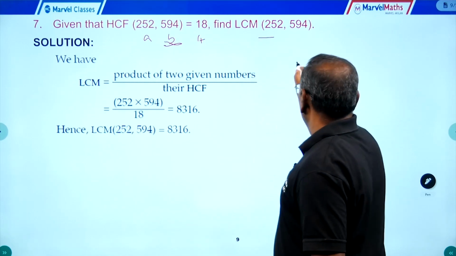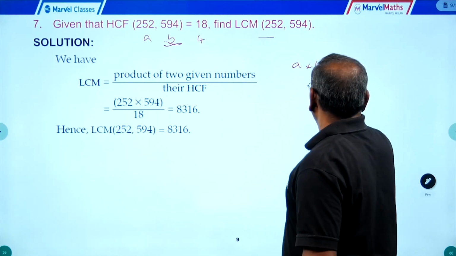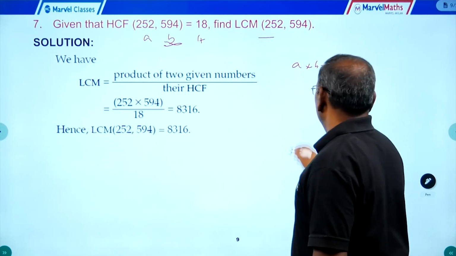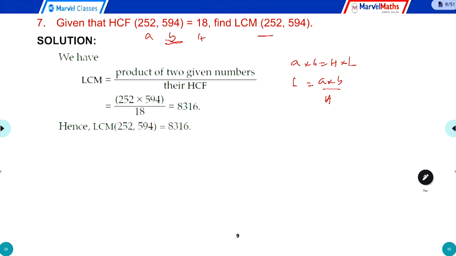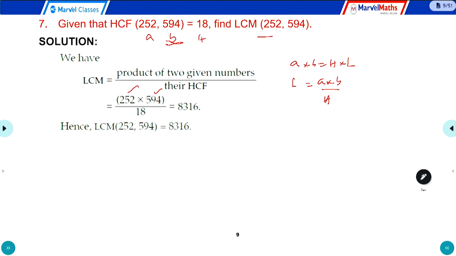We have the formula A into B equal to HCF into LCM. Our aim is to find LCM. So LCM equals the product of the two given numbers by HCF. The numbers are 252 and 594 by HCF 18.